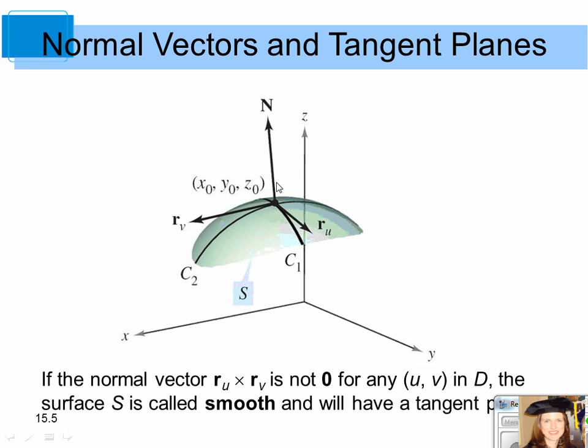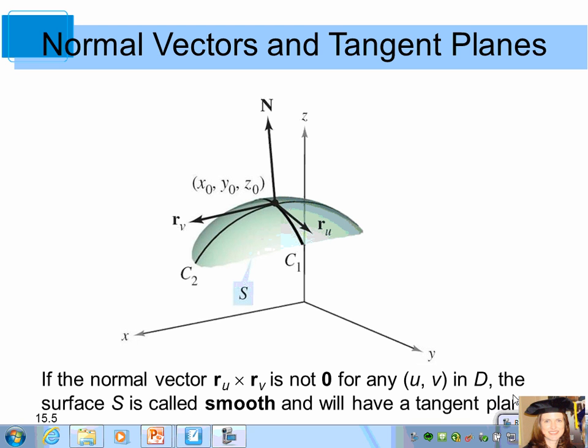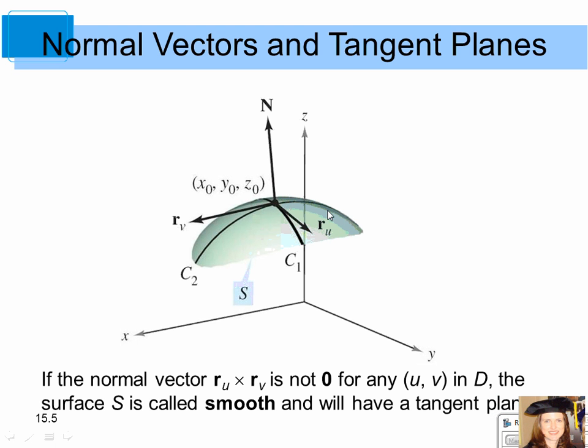The way you calculate that orthogonal vector n is by finding the cross product of r_u with r_v. As long as that normal vector is not zero, this surface S is called smooth and will have a tangent plane. You can find a plane that just touches the surface at that one point and is tangent to the surface.